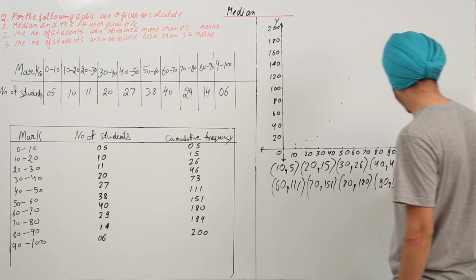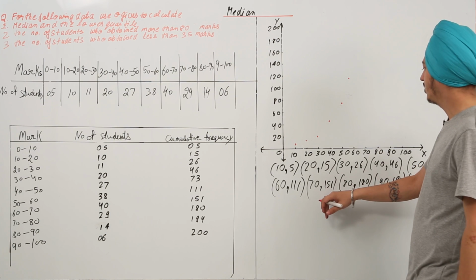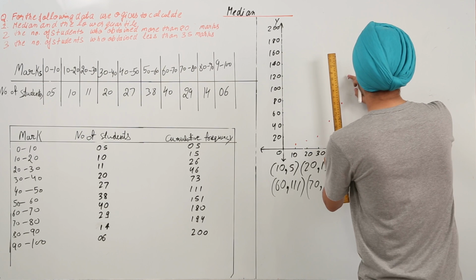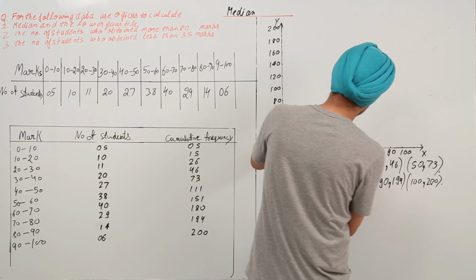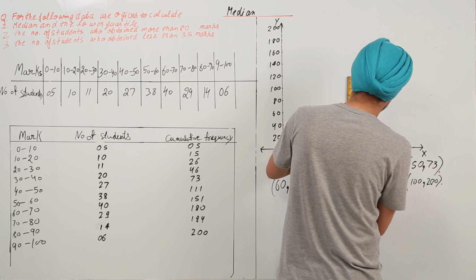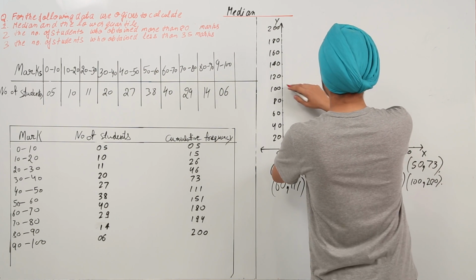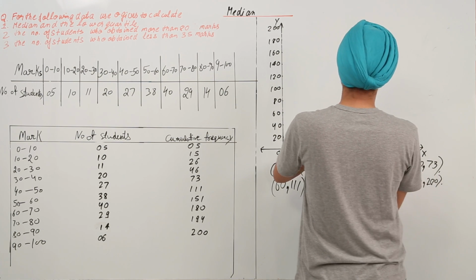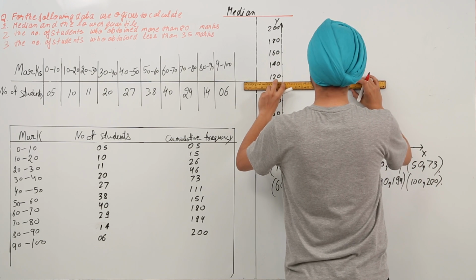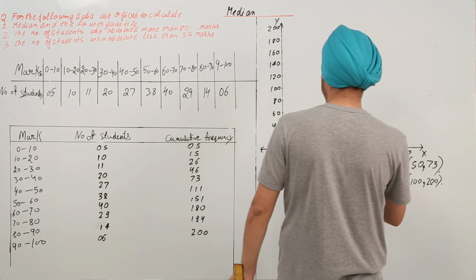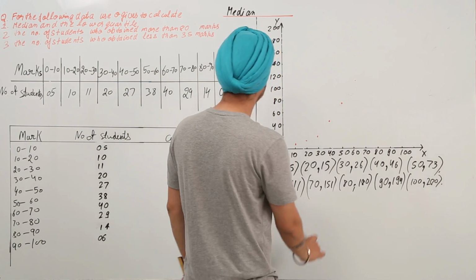And then we have 70 comma 151. First of all, I am again marking 60 comma 111, so that would be somewhere over here. Then we have 70 comma 151.